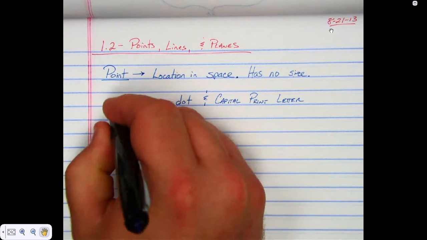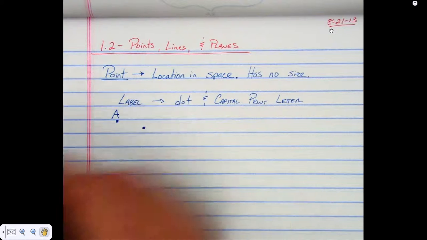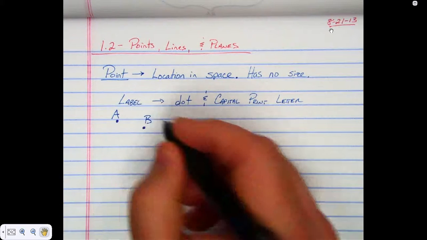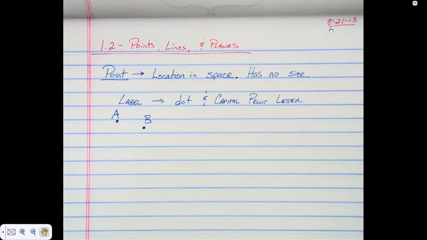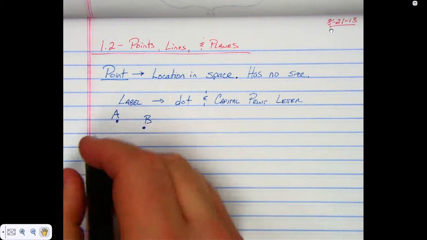This would be point A, capital A. I would label that point B. Maybe draw another one down here.